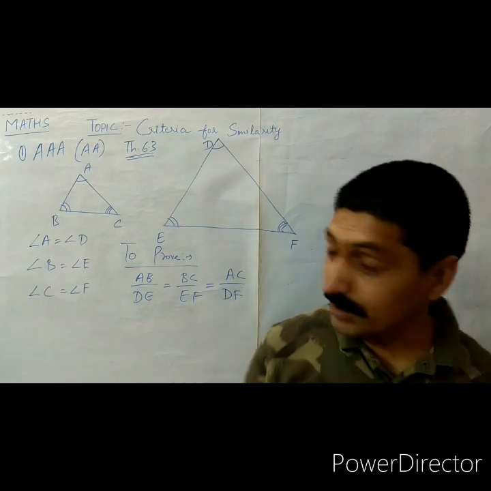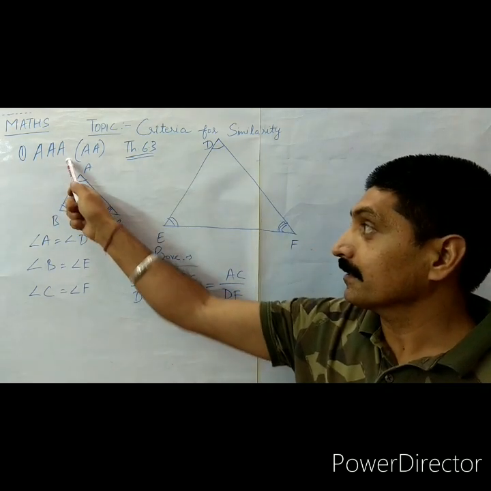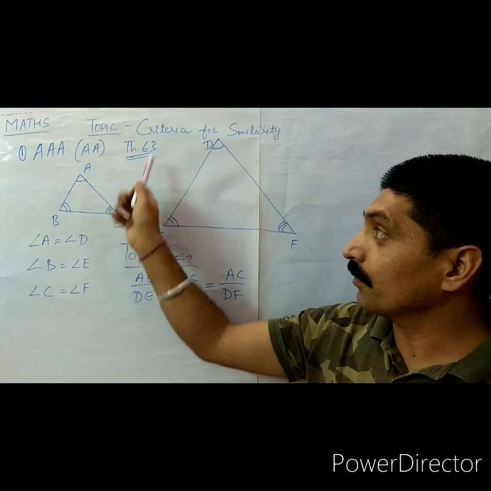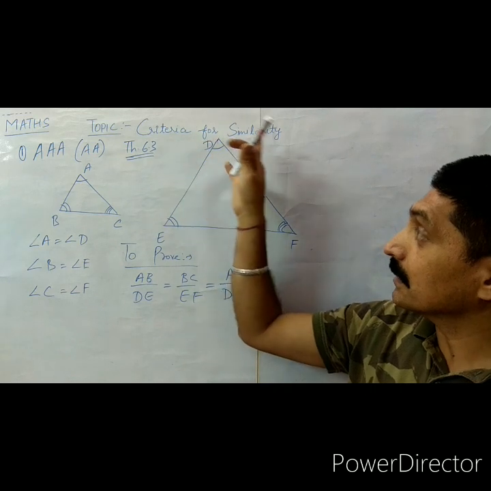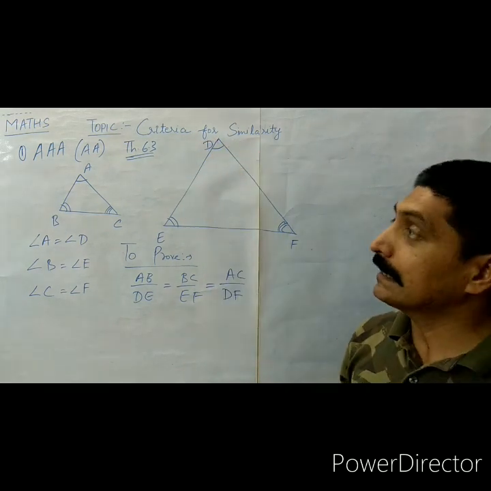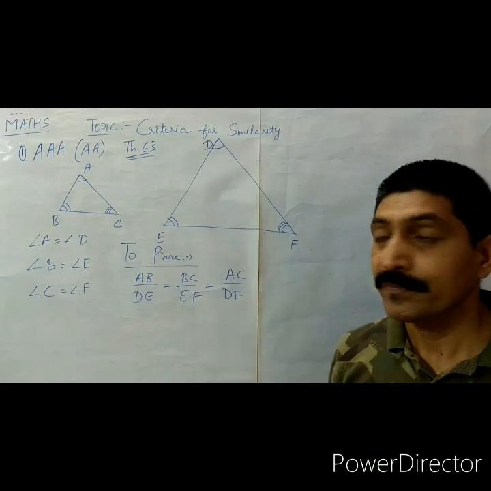So according to theorem 6.3, if the three angles of a triangle are equal to the three angles of another triangle, then the ratio of their corresponding sides is always the same.